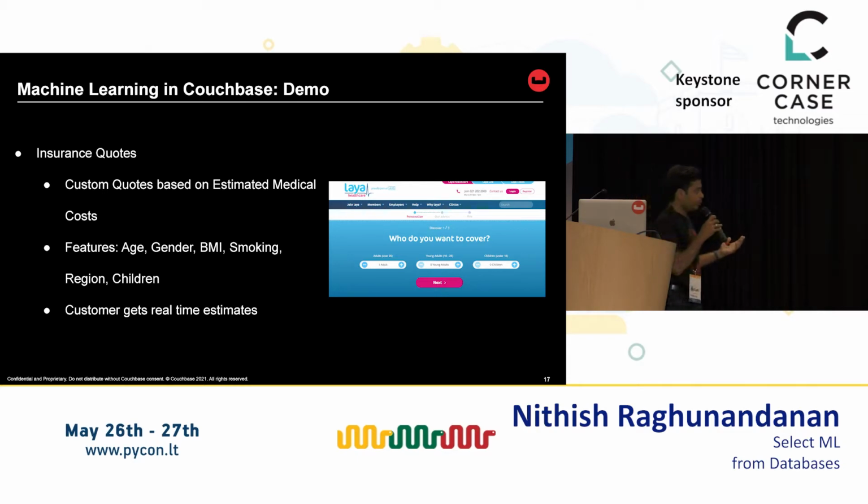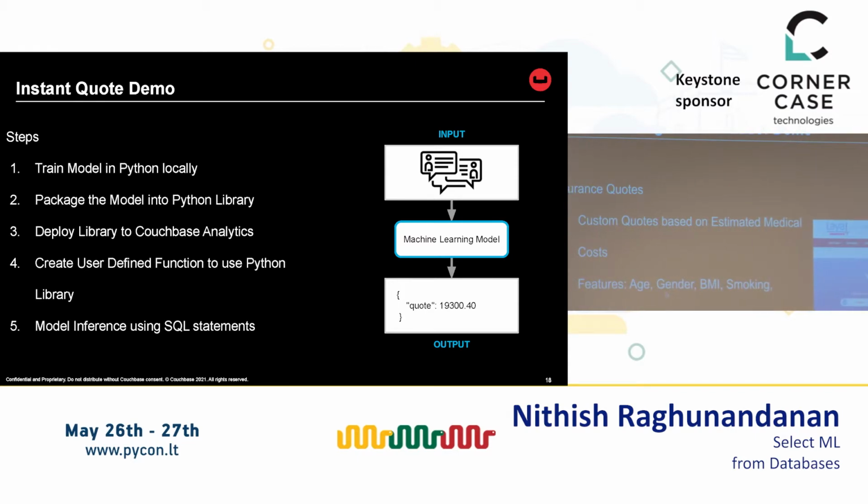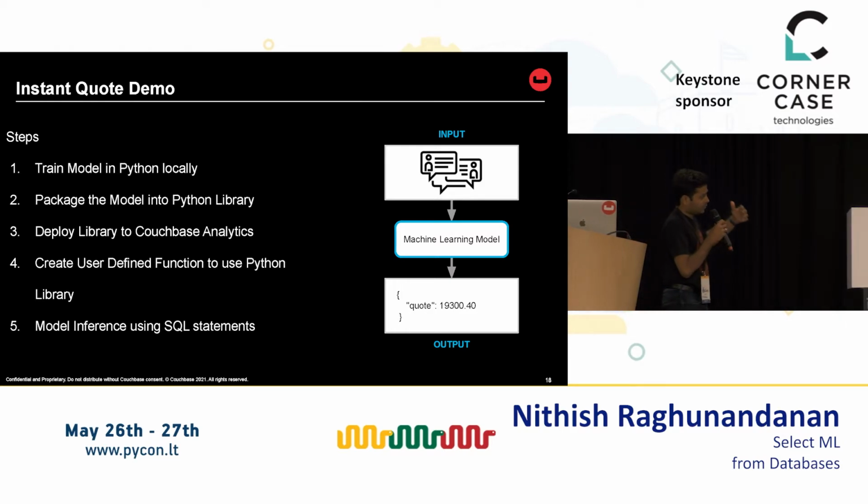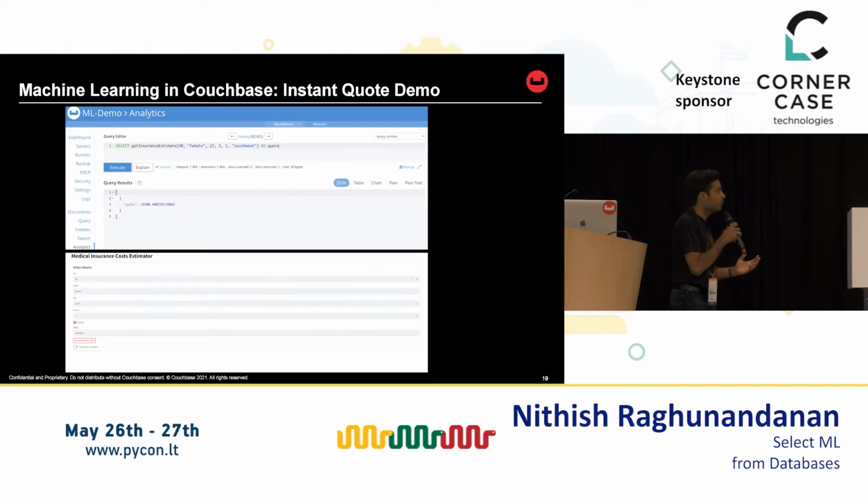I just want to give you a real world example. This is a website that I found online. They take a few parameters from you, and based on that they give you a quote for your insurance. I found a data set on Kaggle which estimates the medical costs based on these features. It's a really small data set, just for checking out what is possible.